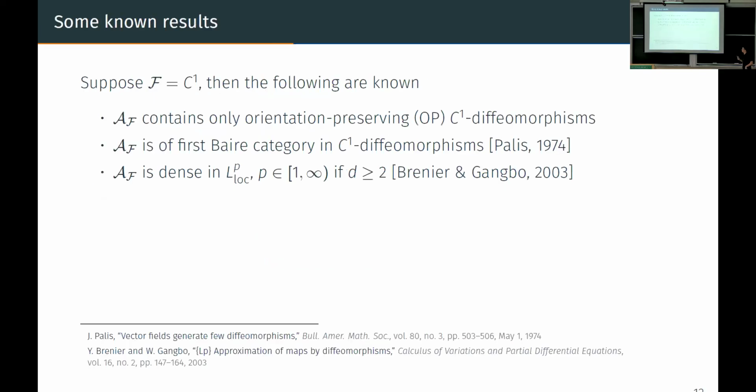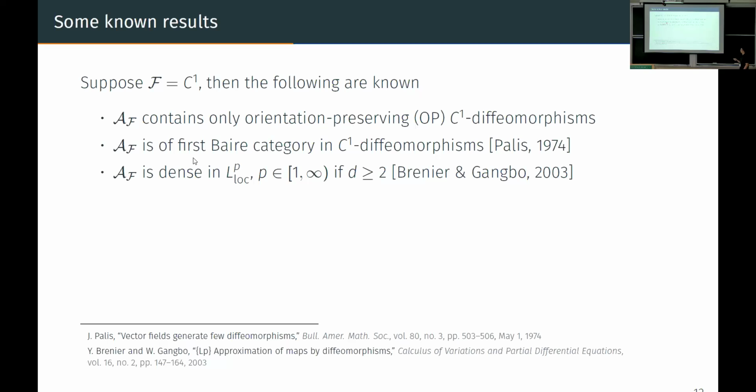Okay, so it turns out this is not an entirely new mathematical question. If F is C1, that means if you consider this right-hand side to be a very large class of functions, then some things are known. So the first one is that these attainable maps are all orientation preserving, which means you can think of it as Jacobian is positive, C1 diffeomorphisms.